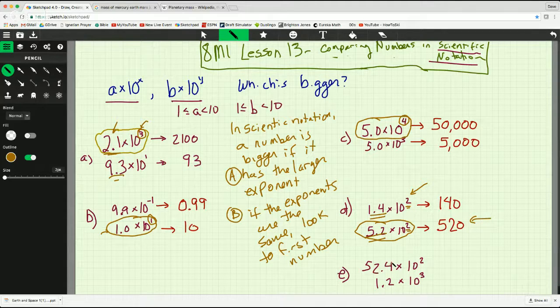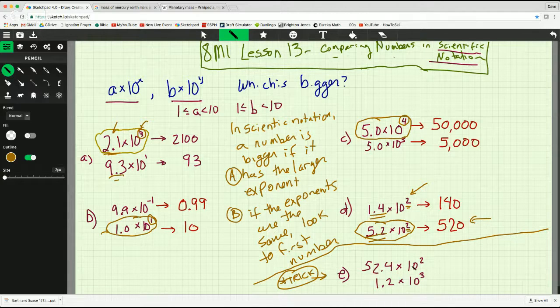Now let's use our rule here on this next one, and let's not make a mistake here. Our rule would say that this second one is bigger, and this is a trick question. So I'm going to let you think about this one.